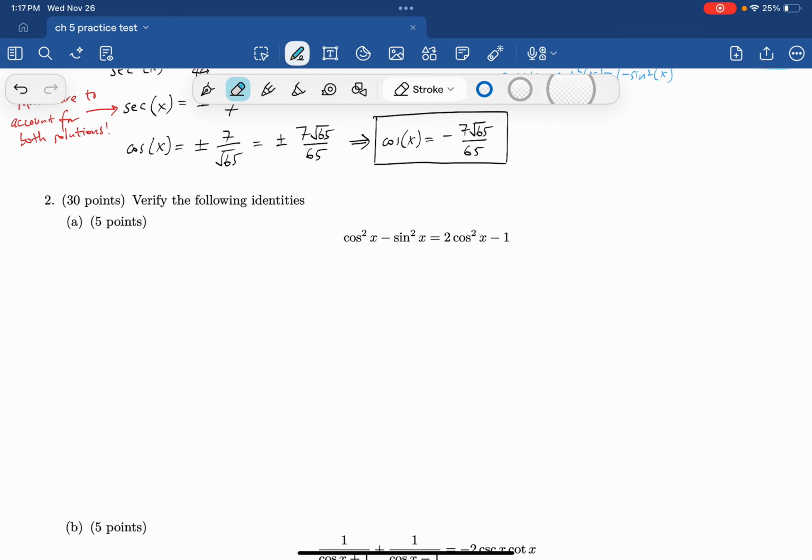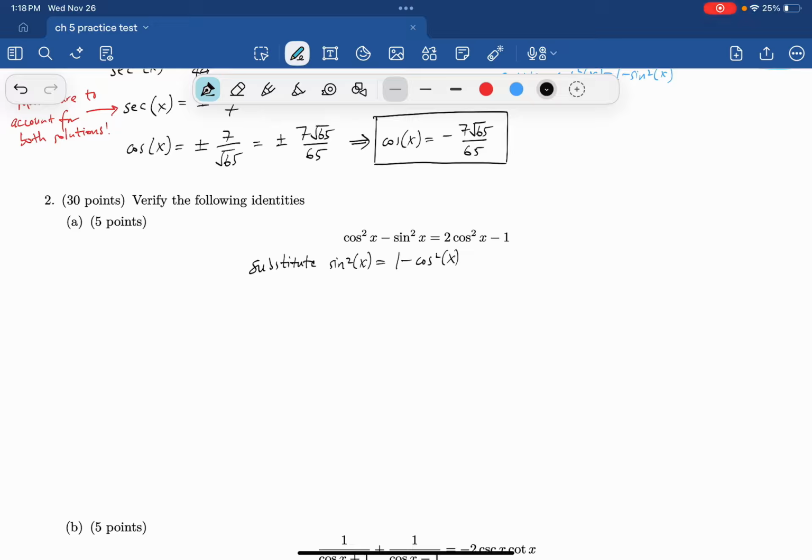But we're going to do it not that way. Instead, what we're going to do is make the left side turn into the right side. So I'm going to make this substitution. Substitute sine squared equals 1 minus cosine squared. That's something we know from the Pythagorean identity.